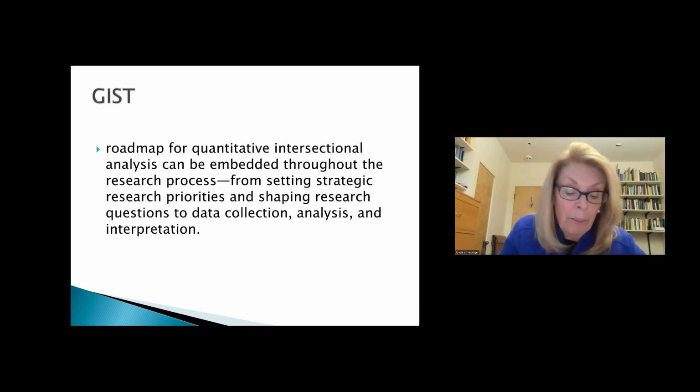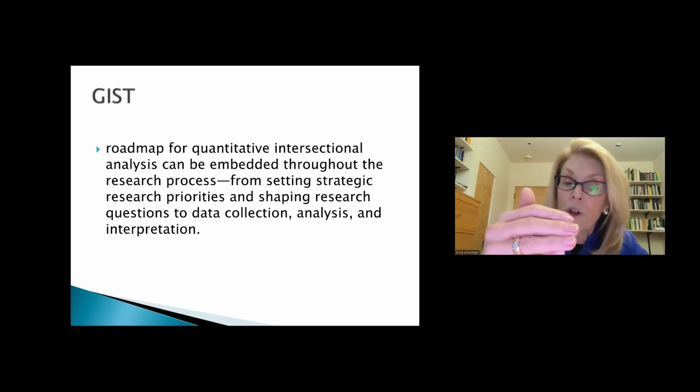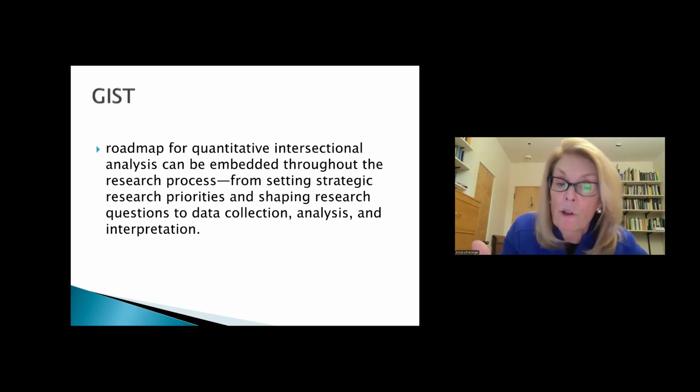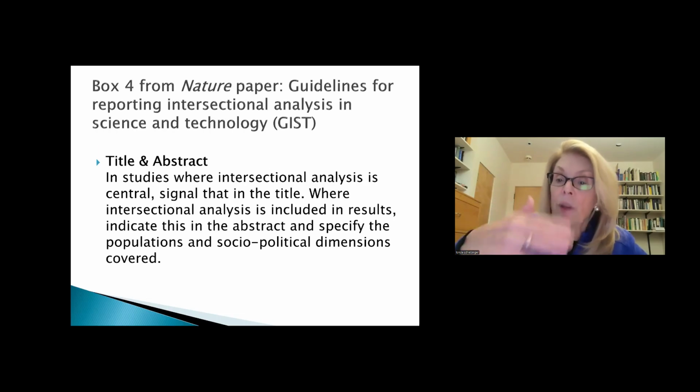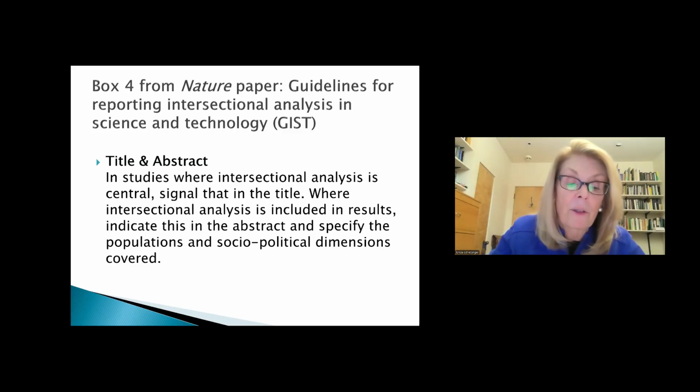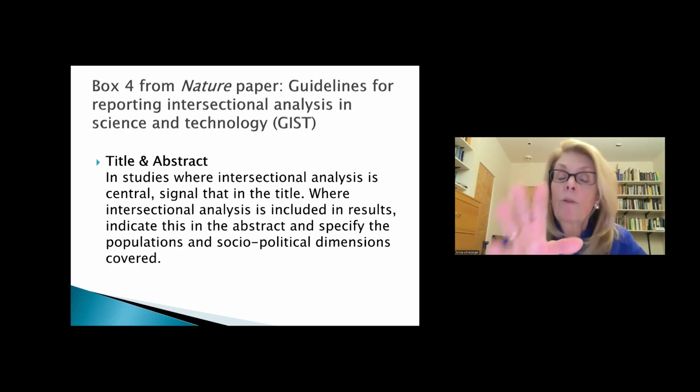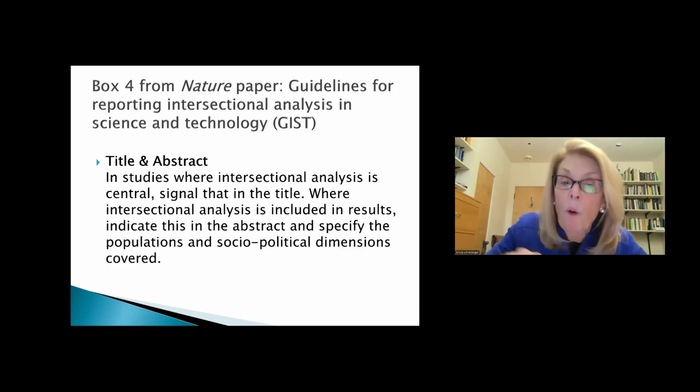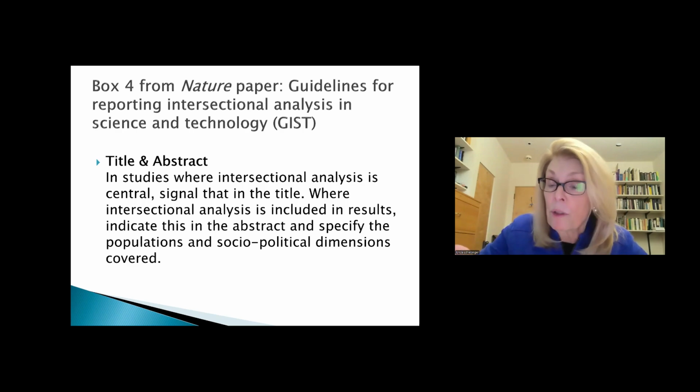So importantly, GIST presents a roadmap for quantitative intersectional analysis and how it can be embedded throughout the research process, from setting strategic research priorities to shaping research questions to data collection, analysis, and interpretation. And in our Nature paper, I'm just going to give you a sense of these guidelines. We have this in more detail in the Nature paper if you want to see it. Of course, it's important that you report in the title and abstract if intersectional analysis is important in the work.